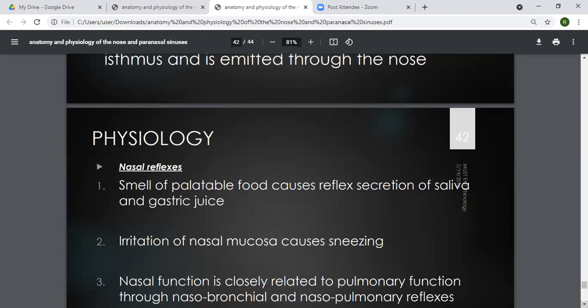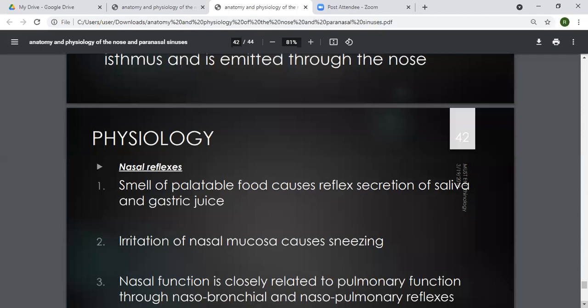Then the importance of the paranasal sinuses. We realize they are found within bone, these facial bones. One of the things they do is that this is not solid bone, so they help make the facial bones a lot lighter so that we don't have very heavy heads.